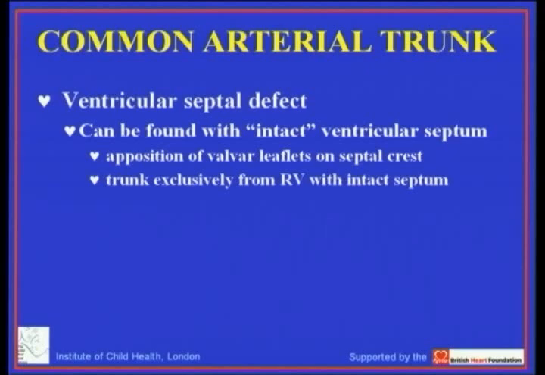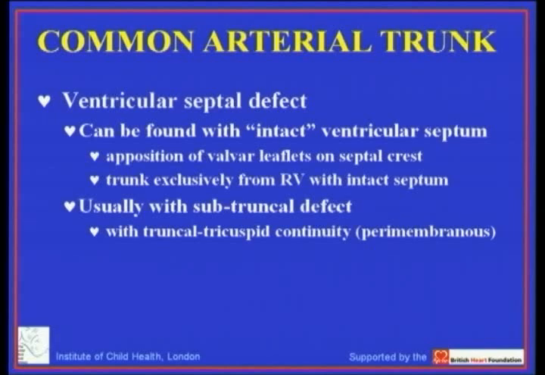But then cases certainly can exist in which the common arterial trunk arises exclusively from the right ventricle, if you like, double outlet through a common truncal valve, and then the ventricular septum truly can be intact. So it is possible to find examples of the common trunk truly with an intact septum. But in most instances, there is a juxta-arterial subtruncal defect.